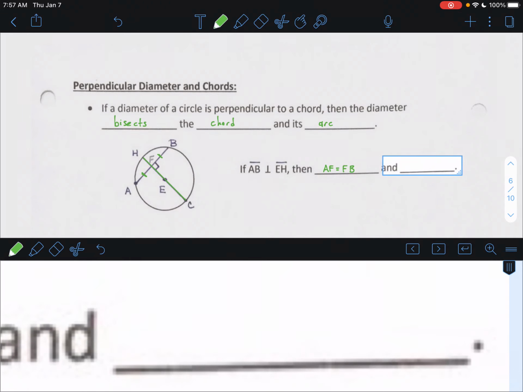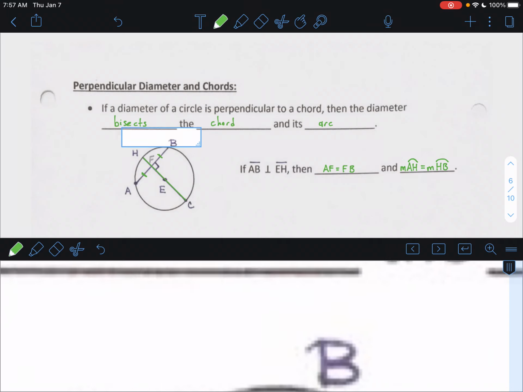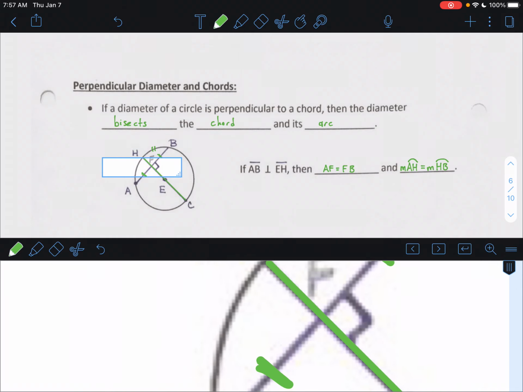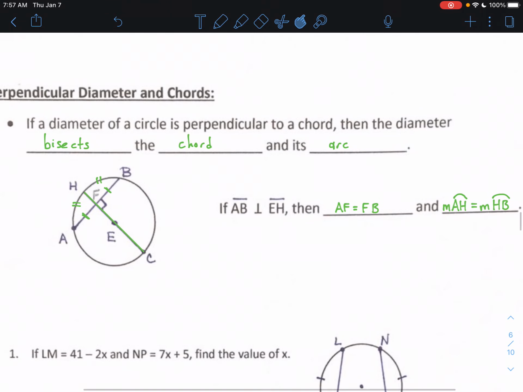So I can say that the measure of arc AH is going to equal the measure of arc HB. So that's what's going to happen when we have this diameter that's perpendicular to a chord and bisects it.